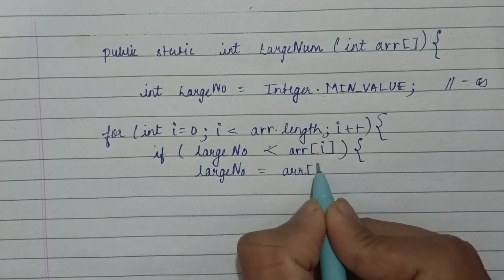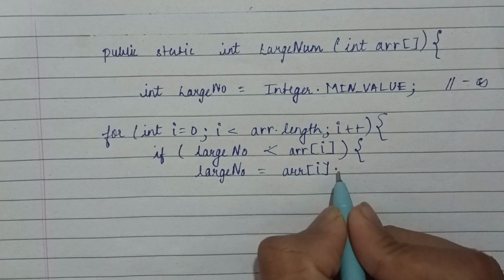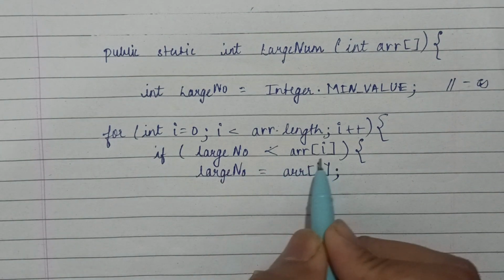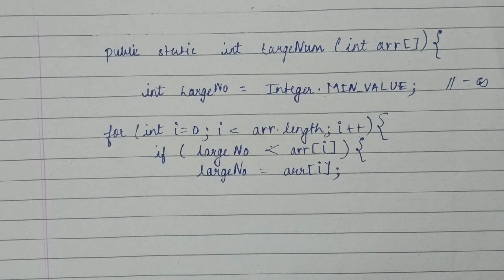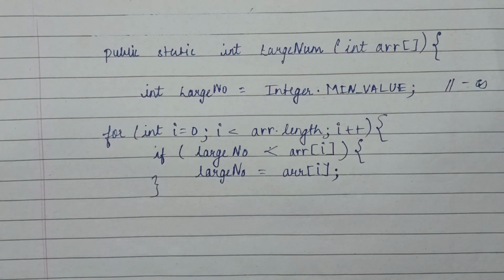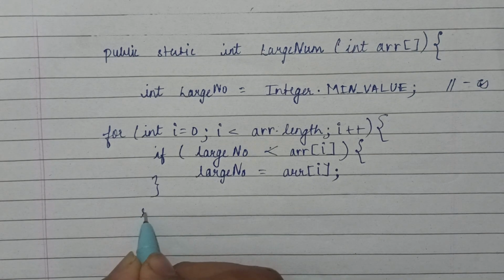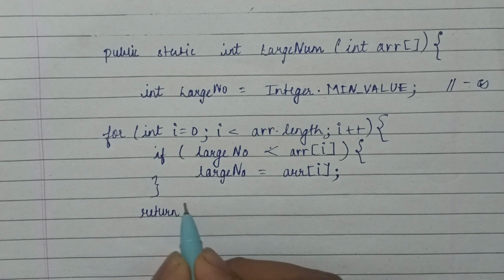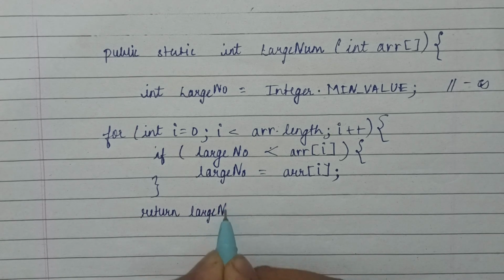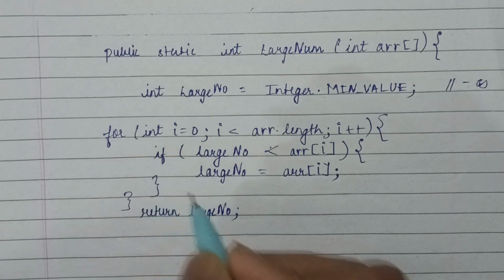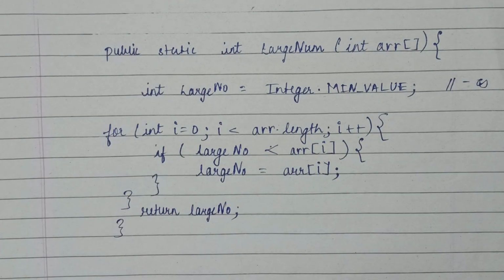Then simply close the bracket. We have to return an integer value, so obviously we return the largeNumber variable. Then we close the brackets.